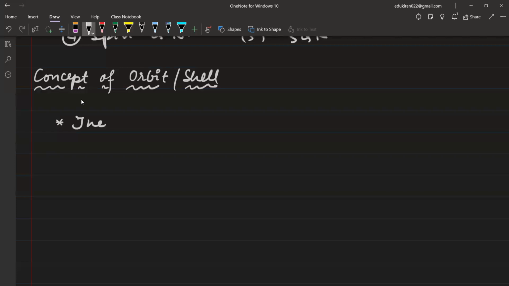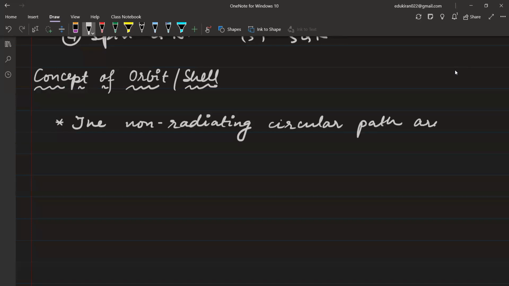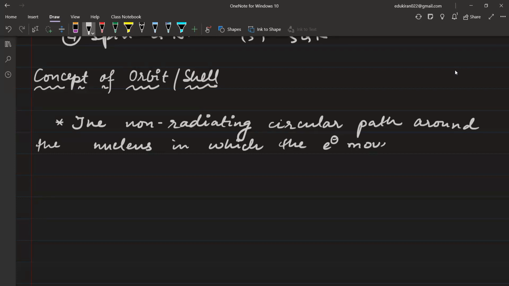The non-radiating circular path around the nucleus in which the electron moves is called orbit.